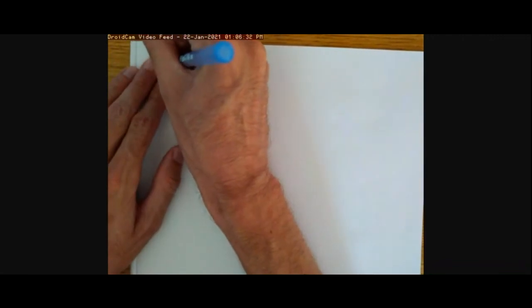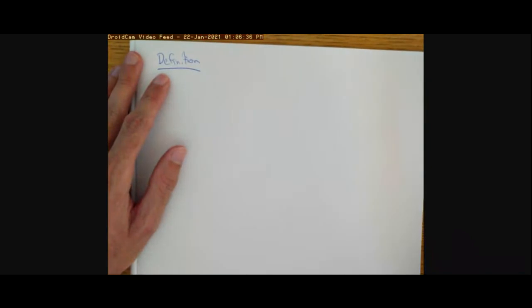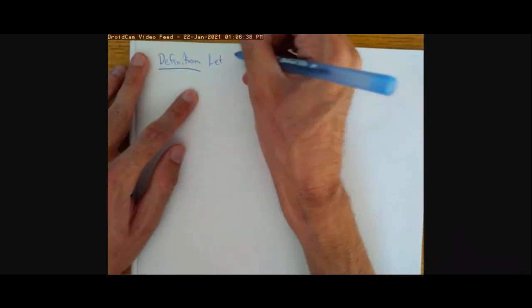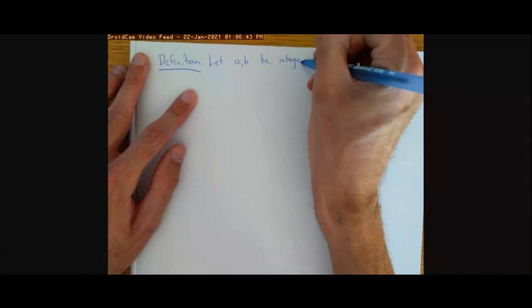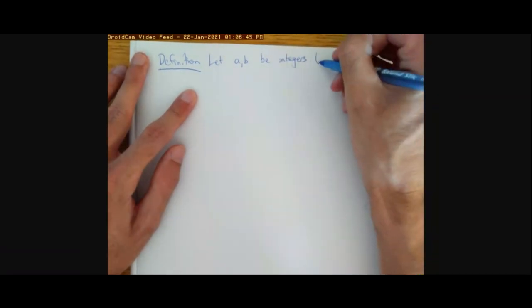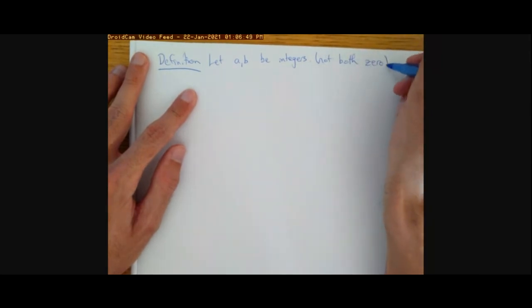Okay, so definition. Let A and B be integers, not both 0.